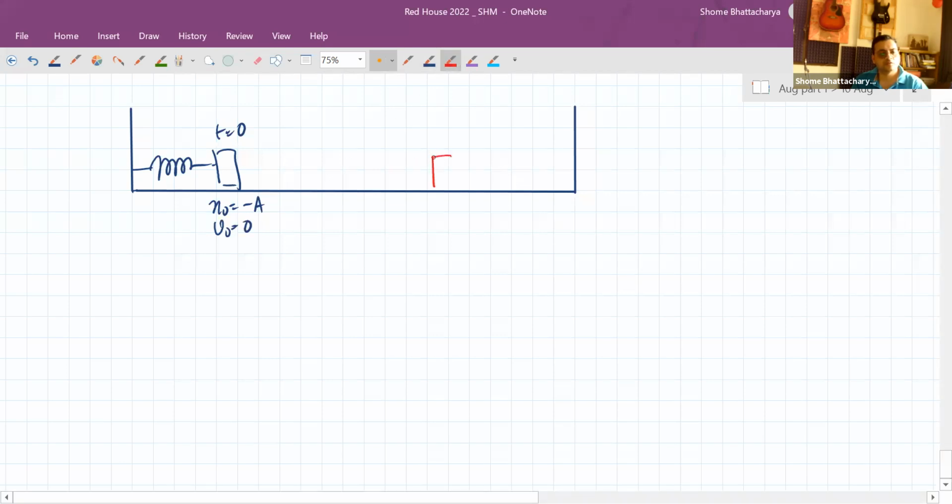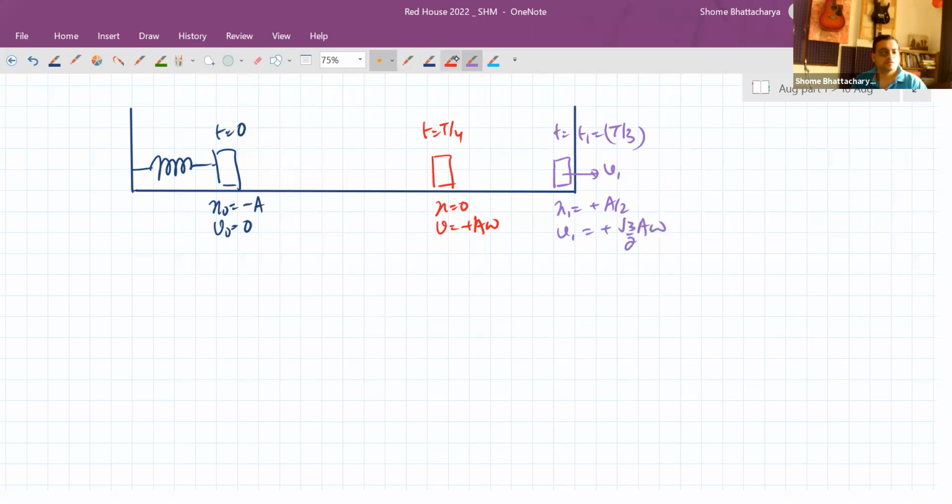Then at quarter of a time period, it's at x equal to 0, with velocity equal to plus a omega. Then at this time t1, which we saw was capital T by 3, it was at x equal to plus a by 2, and its velocity of impact was therefore plus root 3 by 2 a omega.